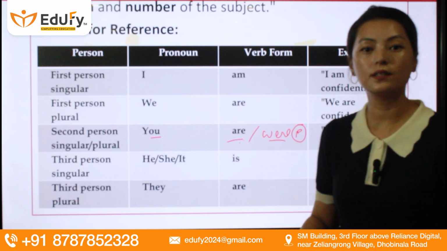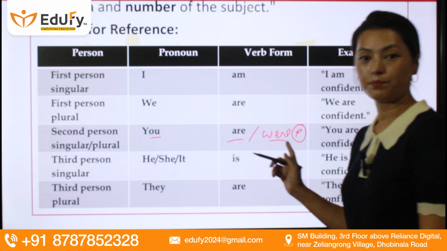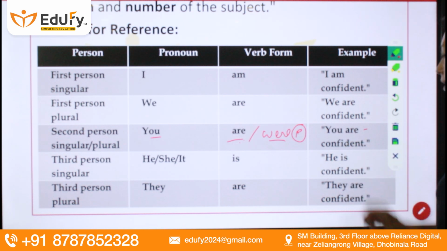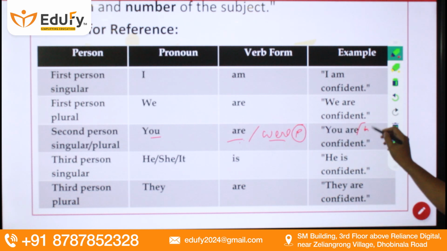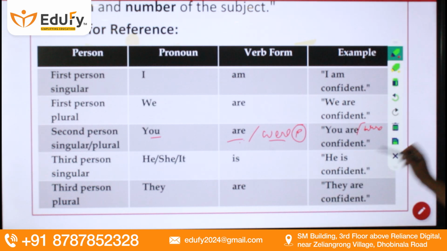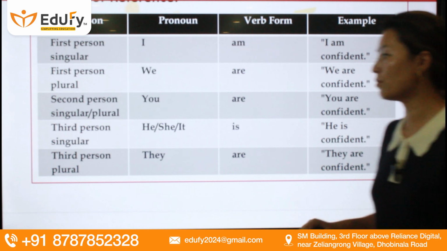Are when we are using them in the present form, and were in the past form. So, for example, you are confident is the right answer, or you can write you were confident. So, this is the correct usage when we talk about subject and verb agreement in the pronouns form.